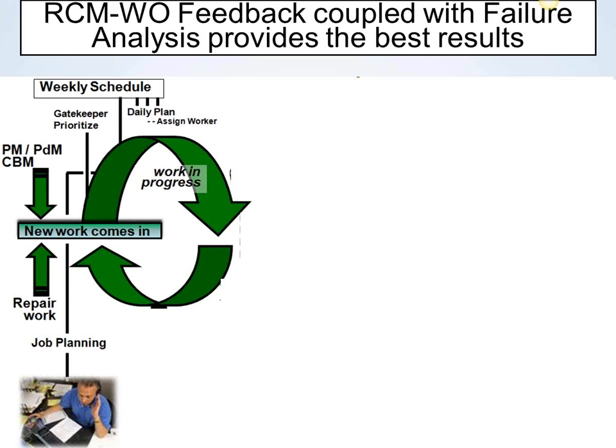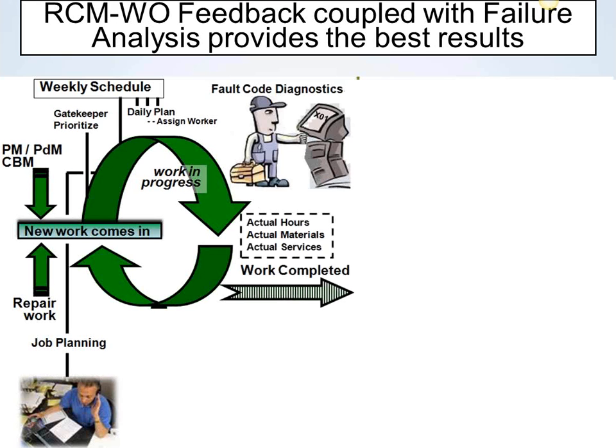This is the illustration picture showing the entire process, beginning with new work coming into the system. That work, depending upon its priority and urgency, would get planned and scheduled. The work eventually in the backlog gets placed in progress, and actual hours are reported, perhaps actual materials, etc. The work is completed.